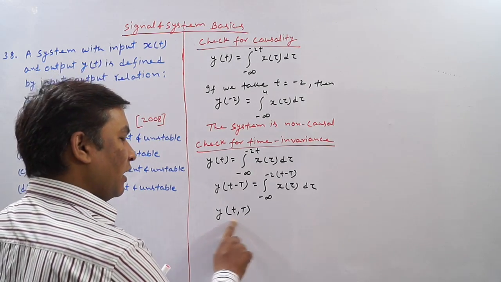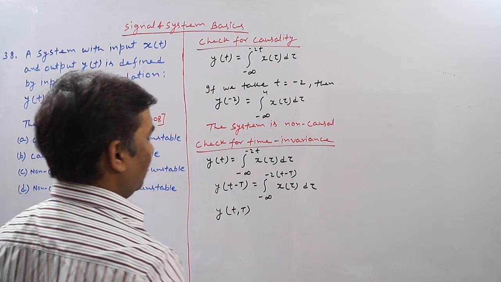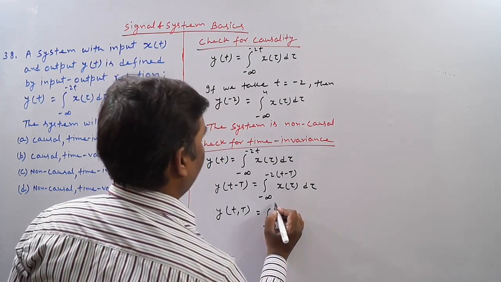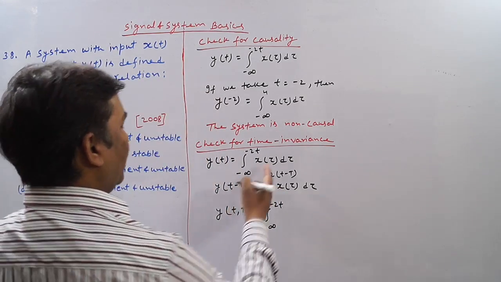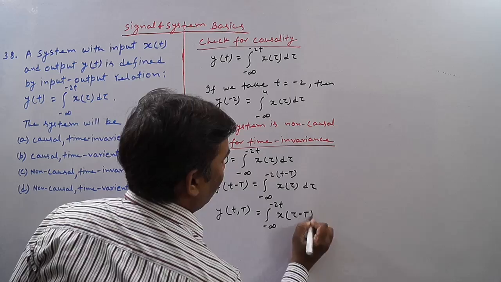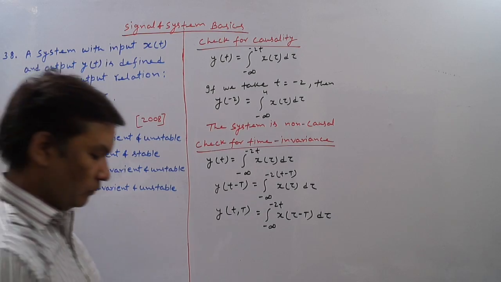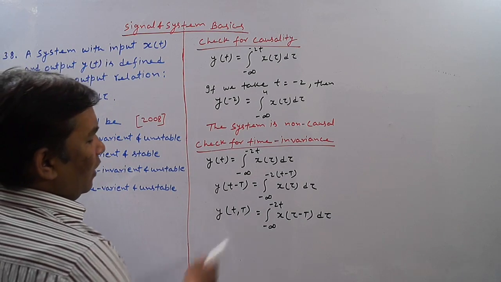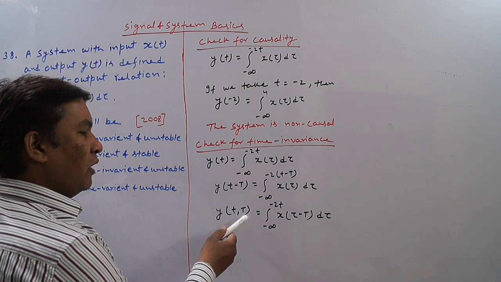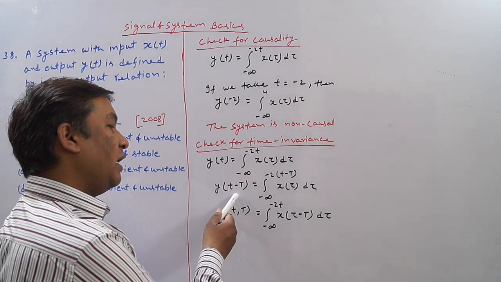It will be the integral from minus infinity to minus 2t, and now what will change is x: it will be x(tau minus T) d tau, because we are delaying the input. Now we can clearly see that both are not equal. y(t, T) is the output of the system when the input is delayed, and y(t minus T) is the delayed output of the system.